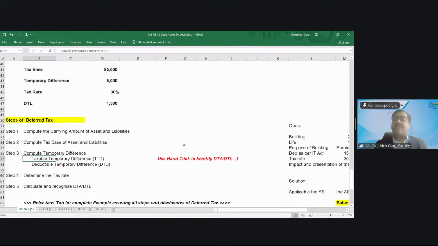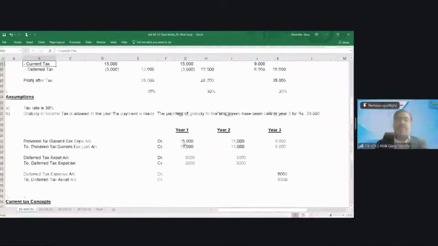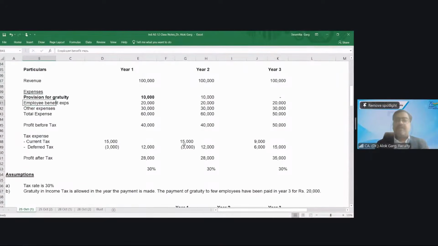What happened in the third year? You have seen, in first year and second year, you paid a current tax of 15,000 rupees. But what happened in the third year? You paid a tax liability of 9,000 rupees only. Correct?